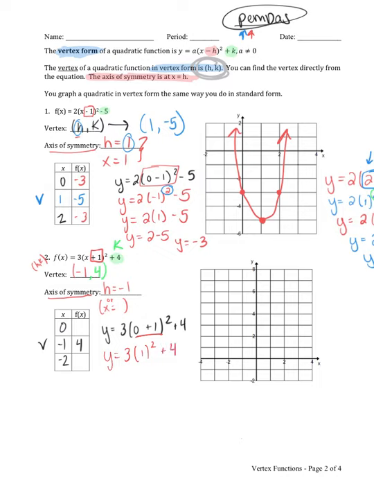I then have a squared, so that's my next part of PEMDAS. So now I have Y equals 3, and 1 squared is just 1. And then the last little math, 3 times 1 is 3. So in this case, Y is equal to 7. So you've completed that with 0.